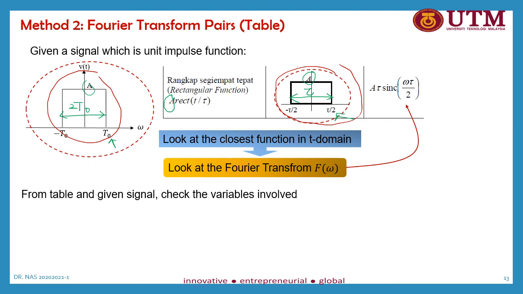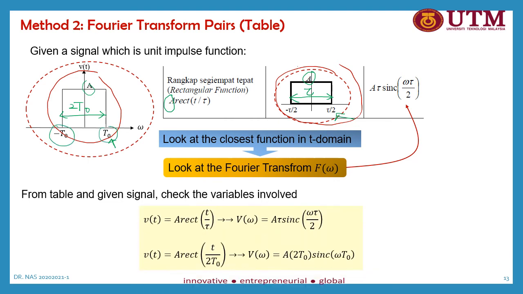So you need to properly modify your Fourier transform to fit the information you have from the given function. In this case, from the general equation in the table, you have a rectangular function of t over tau, where tau is the size or the width of the rectangular.